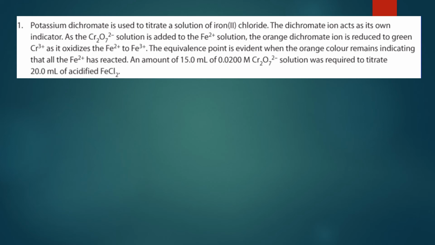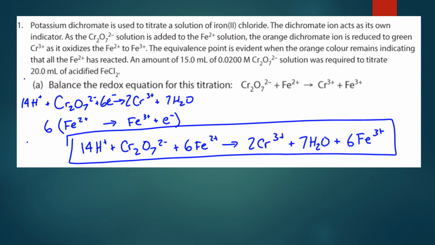And the equivalence point is evident when the orange color remains. What we're going to do with this one is the same thing as the last. You want to balance the redox equation for this titration. So we'll break it into the half reactions and balance those half reactions. Reminder that we're balancing the oxygens using water, and we'll balance the hydrogens using hydrogen ions. In this case, we're going to keep it an acidic solution unless it tells us otherwise.